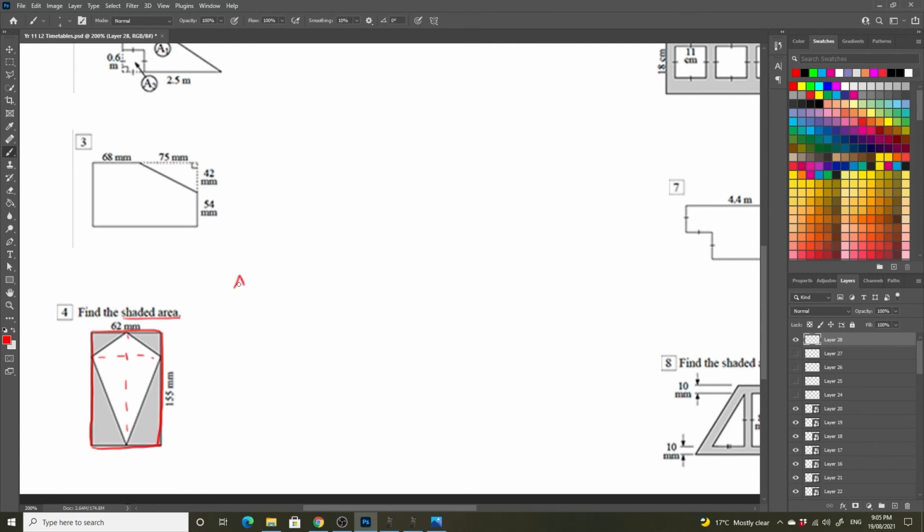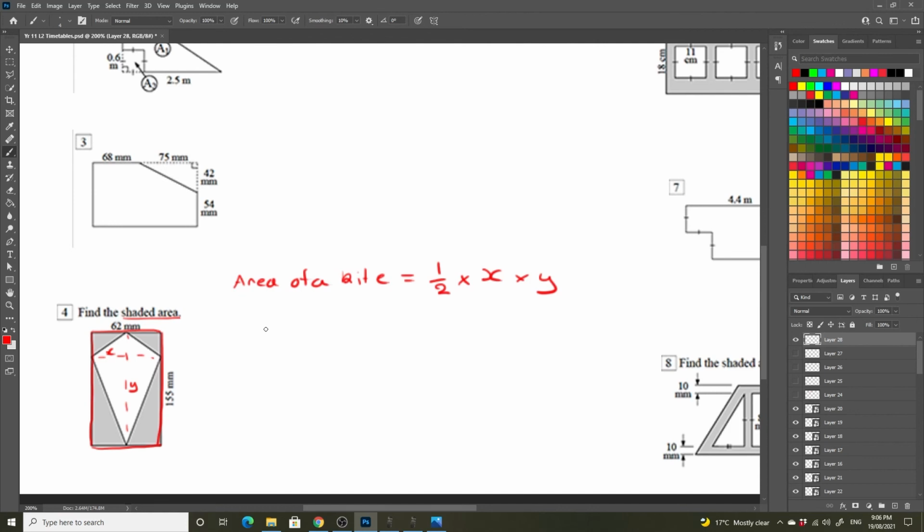The area of a kite is equal to half times the product of its diagonals, which we'll label this one x and this one y. So half times x times y. So we work out the area of our rectangle, take away the area of our kite, and we should have the shaded area.